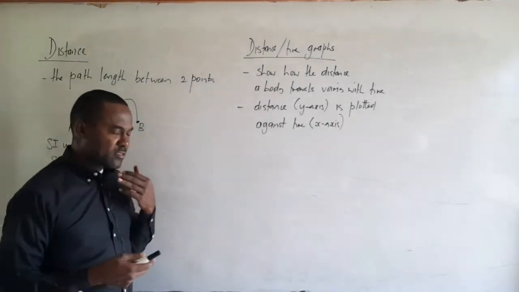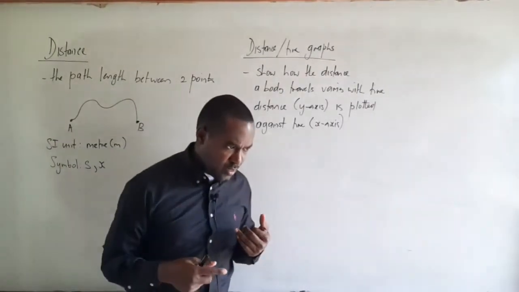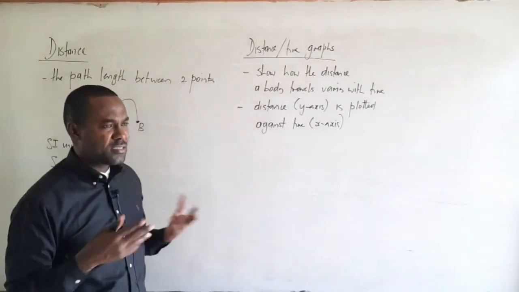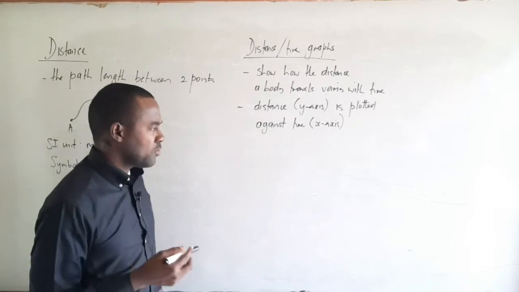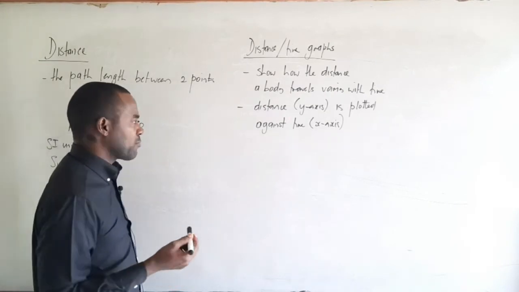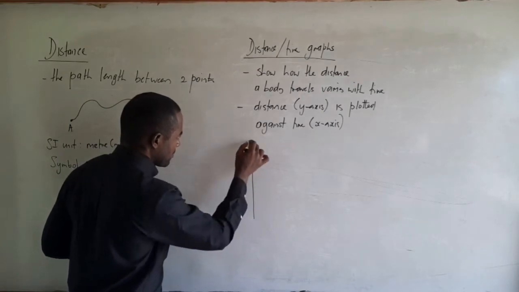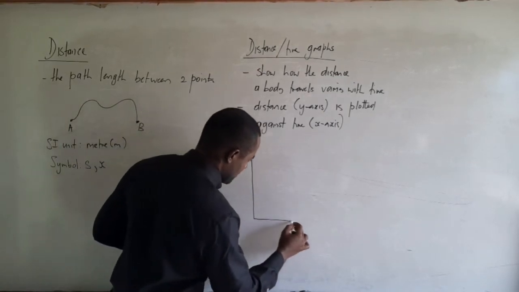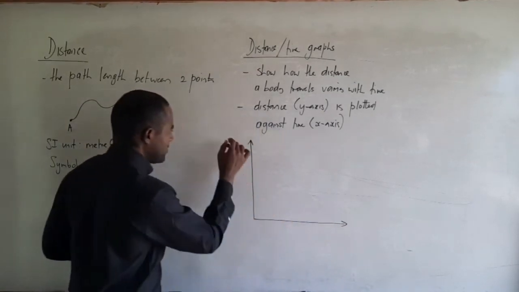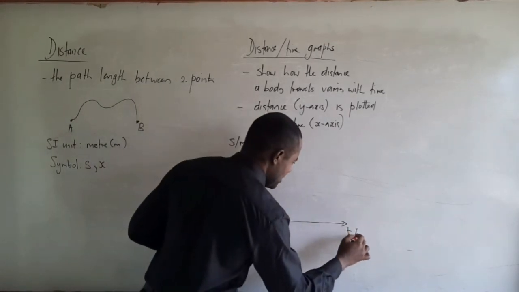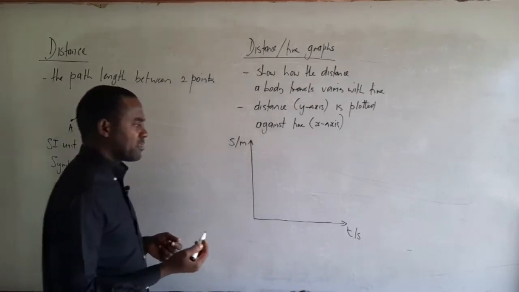What we'll do next is look at different distance time graphs for particular states of motion. So let's look at a few distance time graphs. We have distance s in meters and time t in seconds on the horizontal axis.